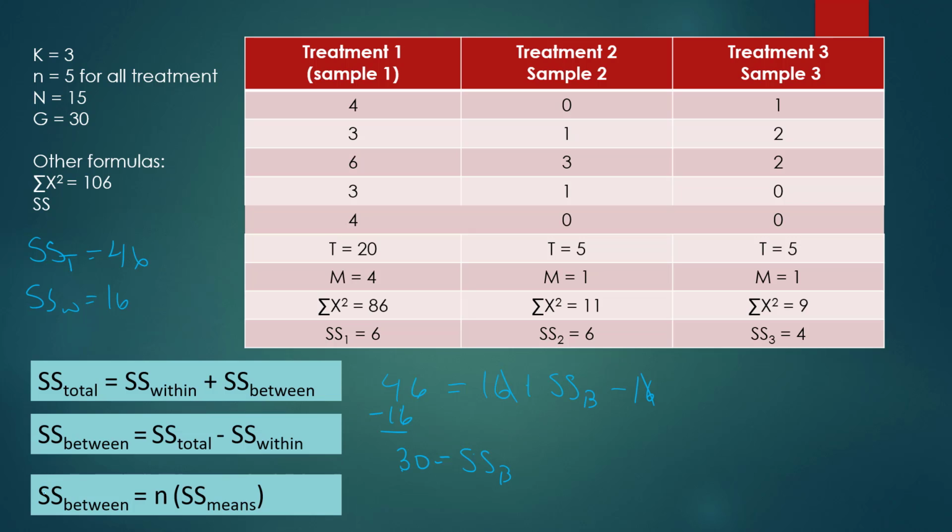So let's go ahead and try this other formula. But we don't know what our sum of squares for the means is. That means the sum of squared deviations for just those 3 sample means. So let's consider those almost like an x value.